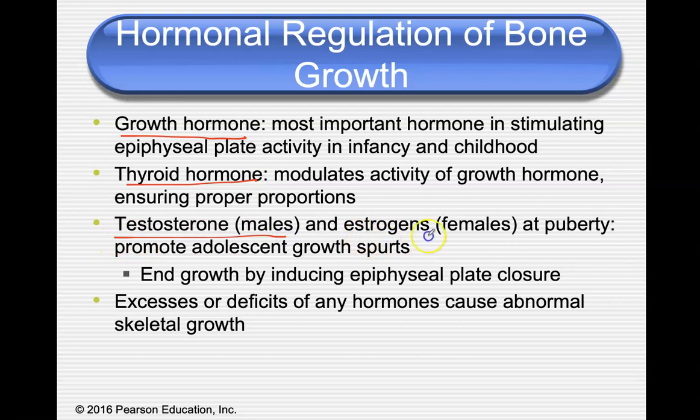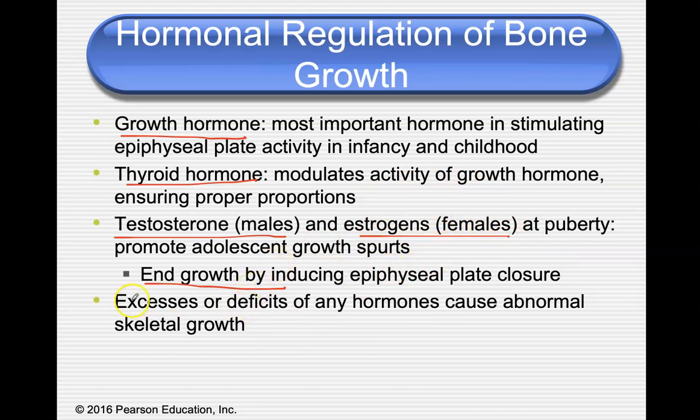Testosterone in males and estrogen in females at puberty can promote adolescent growth spurts. But the big thing is that estrogen is a big stimulator for ending growth by inducing epiphyseal plate closure. Estrogen is produced in both males and females, just more in females, especially at puberty.